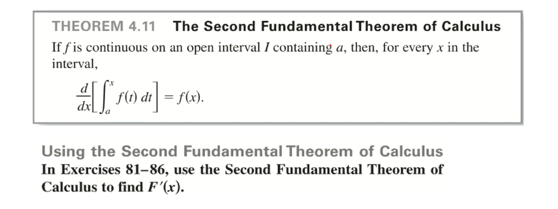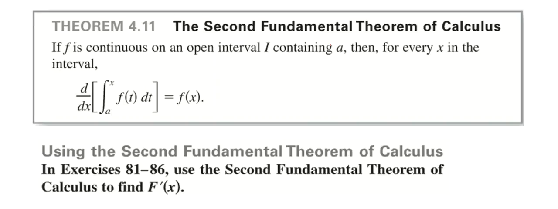Okay, in this video we are going to look at the second fundamental theorem of calculus. This says if f is continuous on an open interval I containing a, then for every x in the interval, the derivative of the antiderivative of f of t dt from some number a to x is equal to f of x.